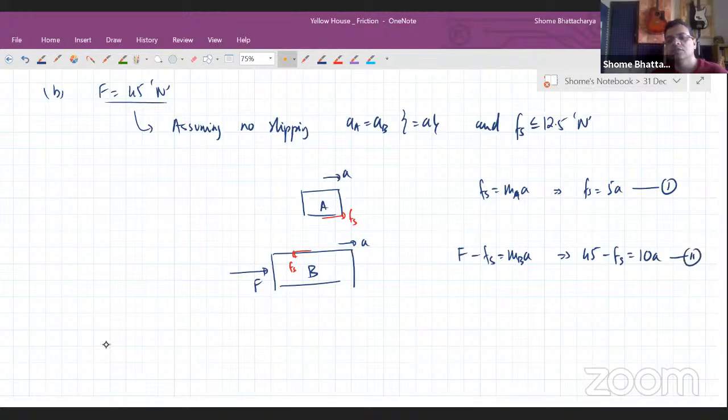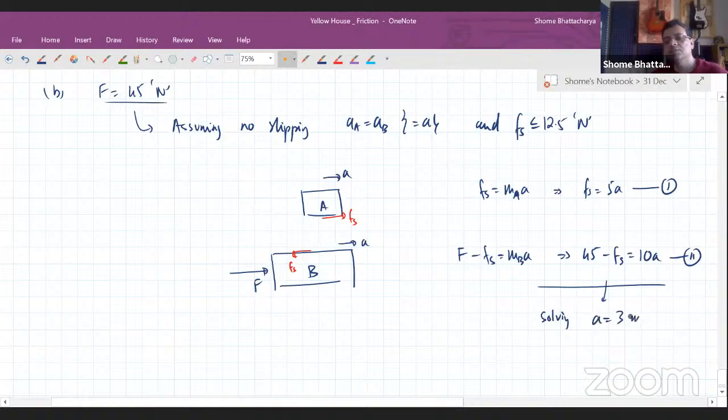Now when we solve this set of equations, we will get acceleration as 3 meters per second square, but static friction as 15 newtons.